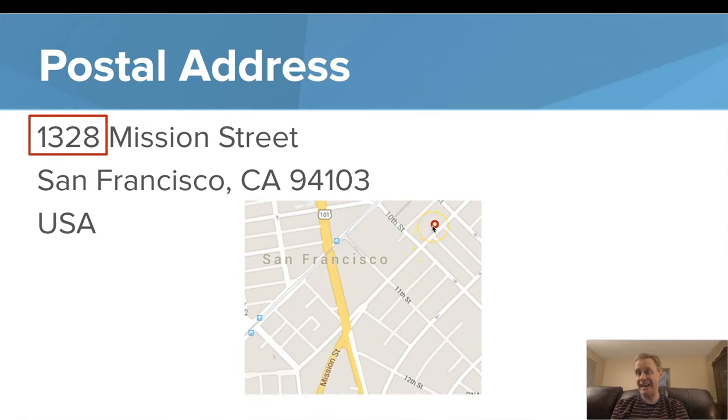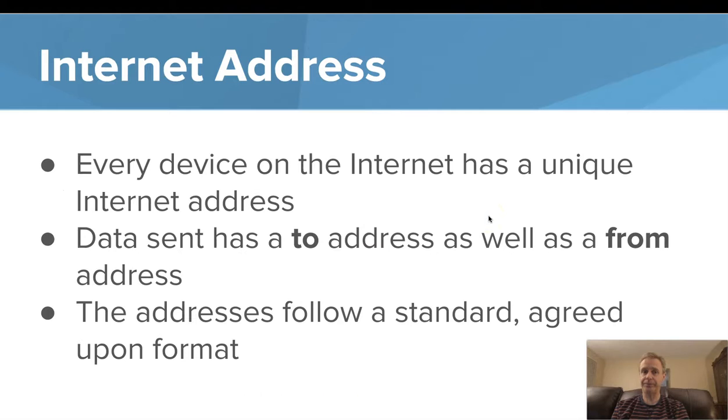And so we know exactly where this address is located in the entire world. This hierarchy that we see here helps us identify exactly where this place is on planet Earth. And internet addresses work in a very similar manner.